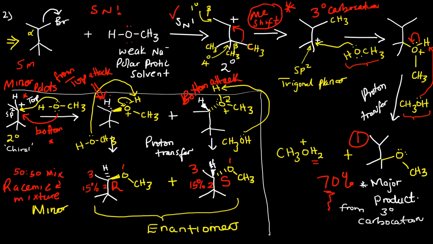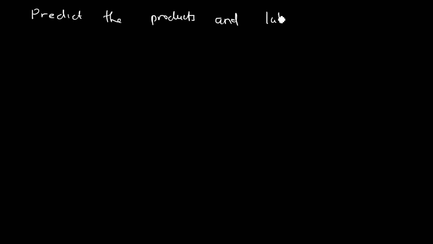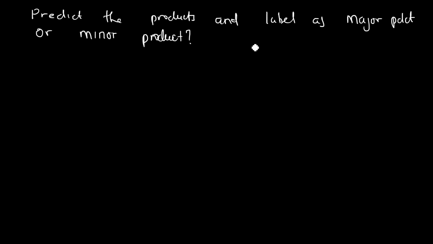Okay, no more questions. So let's do predict the products. Predict the SN1 products and label them as major products or minor products.